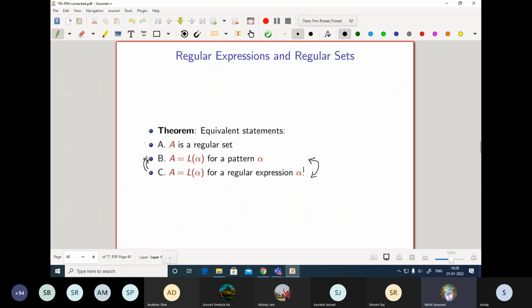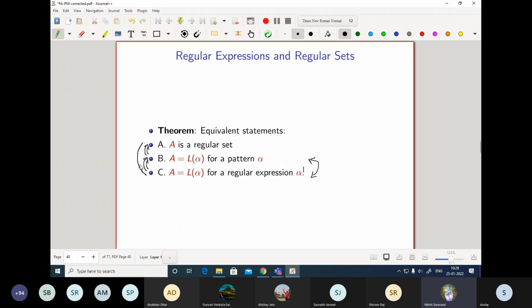Now we will next show that if A is L of alpha for a pattern alpha, then I can show that A is a regular set. And one way of showing a language is a regular set is by showing that you can construct a finite automata for it.